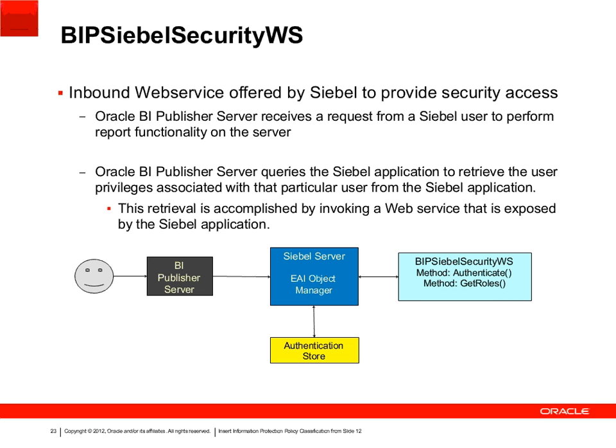Down below, you can see the Authentication Store in the yellow box. It's again either a database or a third-party authenticated server. Now, to perform user verification, how is this BIPSiebelSecurity web service working? For these cases, there are various methods this web service uses. Let's discuss that in the next slide.